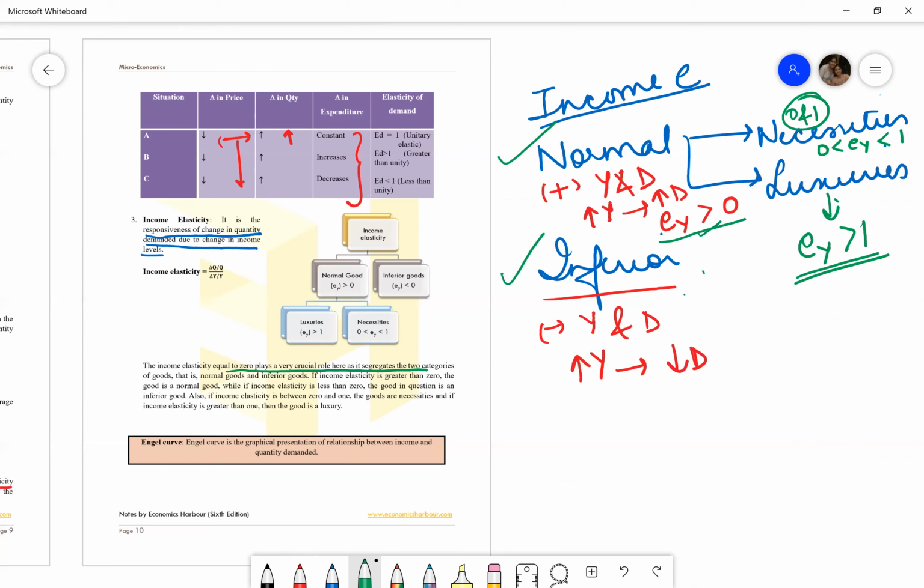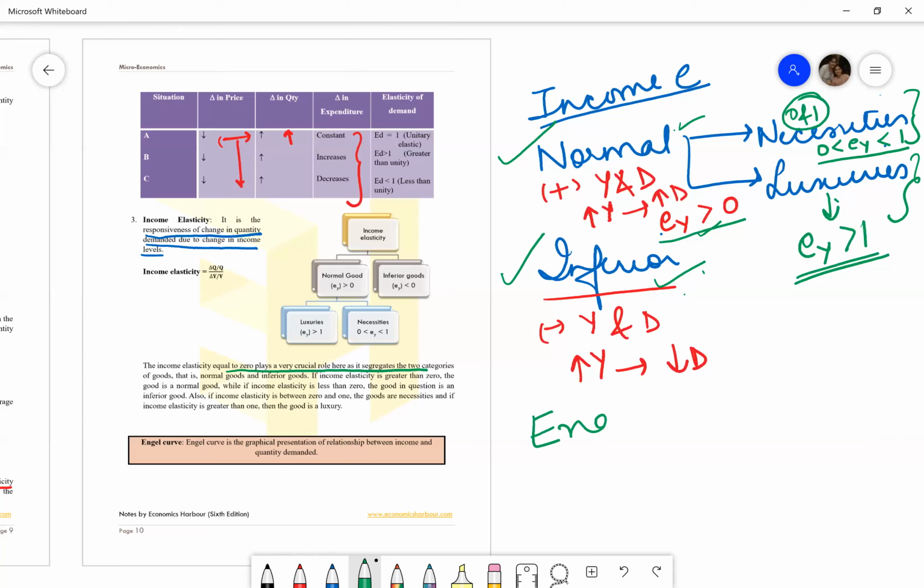If income elasticity is greater than 0, the good is a normal good, and if it is less than 0, the good is an inferior good. If the income elasticity is between 0 and 1, the good is a necessity good. And if the income elasticity is greater than 1, the good is a luxury good.